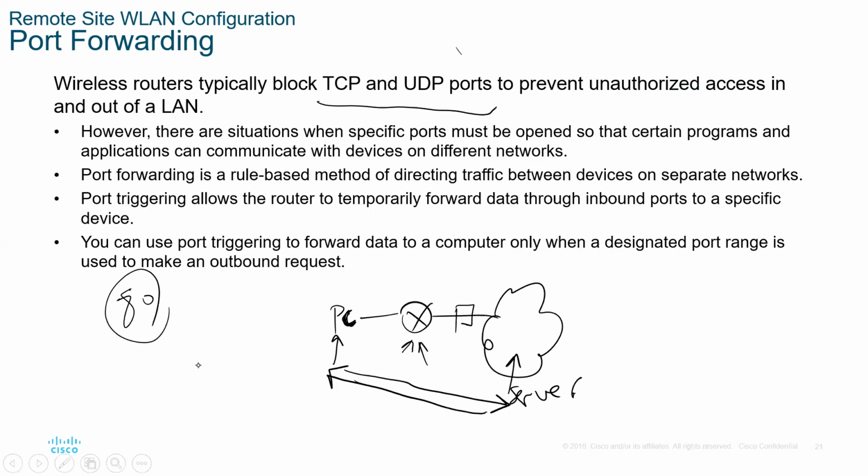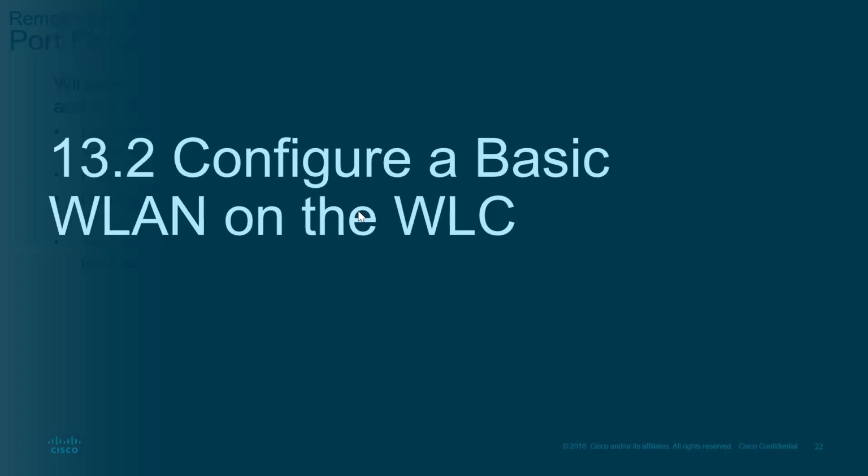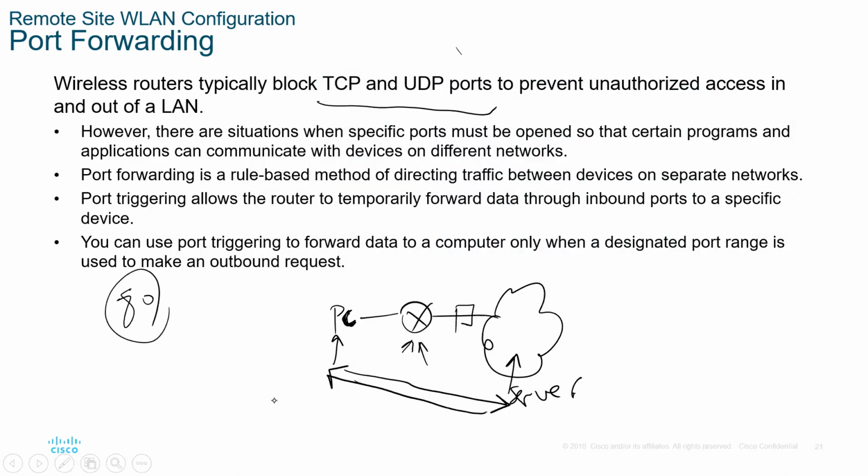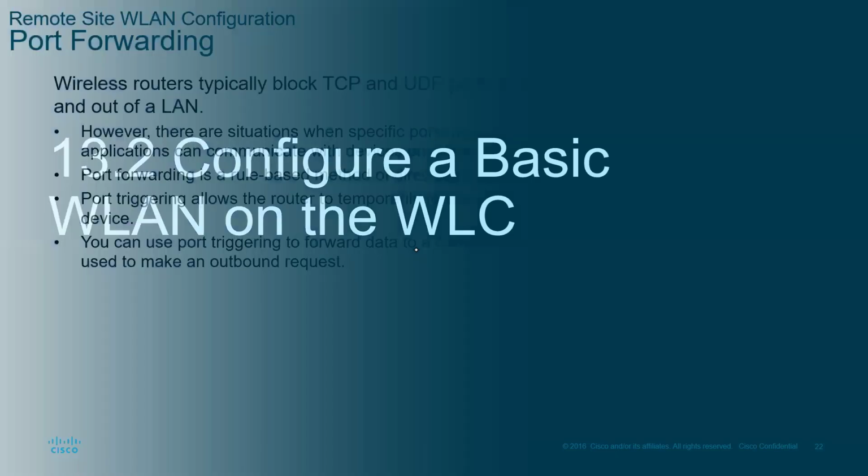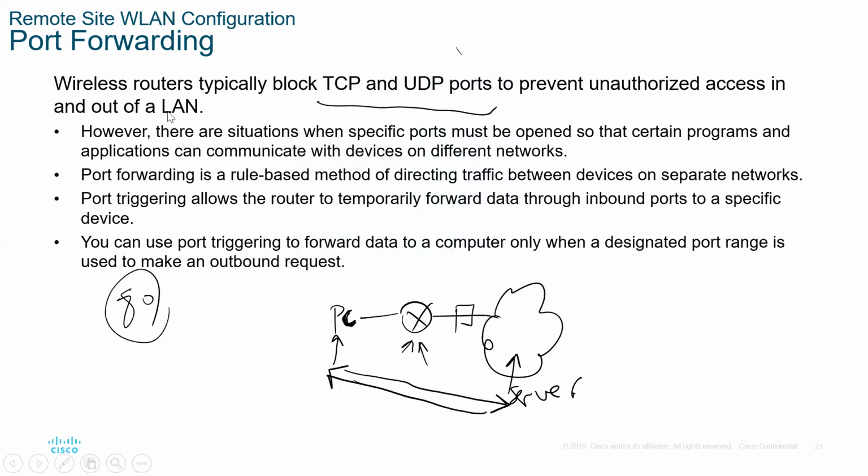So I think port triggering is much preferable to port forwarding, because with port forwarding the port is permanently opened. The problem is that once the port stays open, intruders can get access to that port and the network gets attacked.